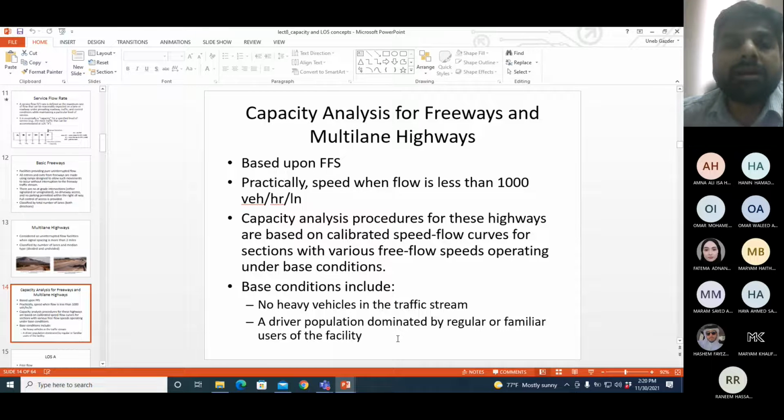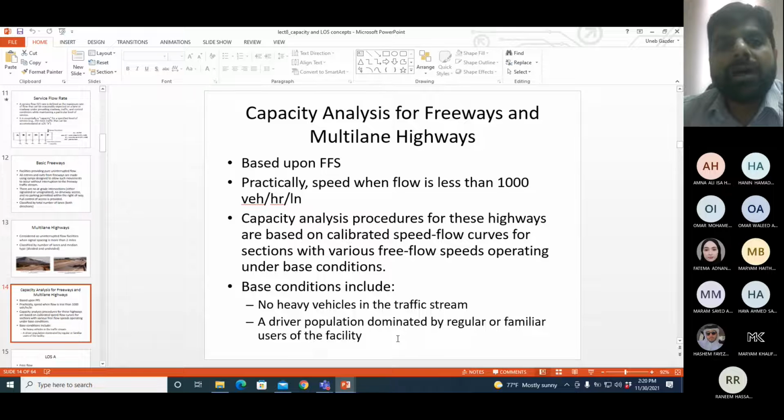And same thing with the regular and familiar drivers as well. If you are unfamiliar with the highway, if you are an irregular user of the highway, then you will tend to go slowly. You will be more cautious, and you may be making more maneuvers, more lane changes, more directional changes, because you are not sure when to do what.